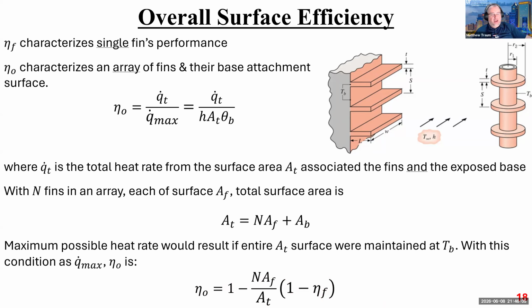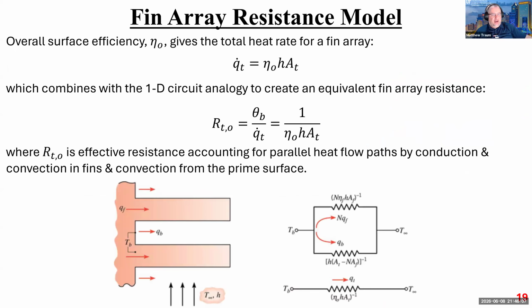Okay, so just like with a single fin, we can use the heat rate to come up with an equivalent resistance, right? Because how useful to have an equivalent resistance for an array of fins that I can then use all of my one-dimensional circuit stuff for to do simple calculations for temperatures and heat fluxes.